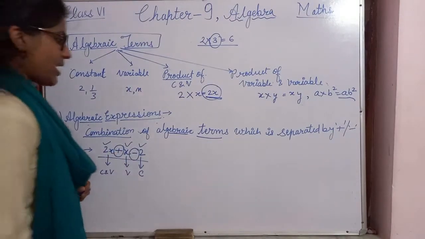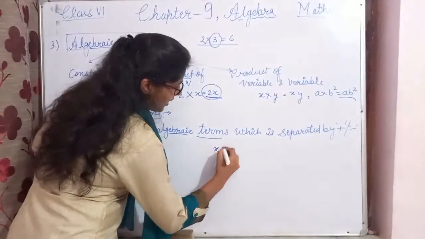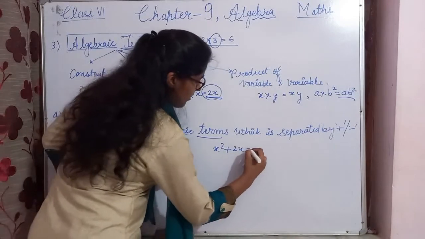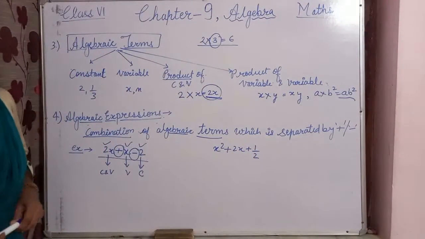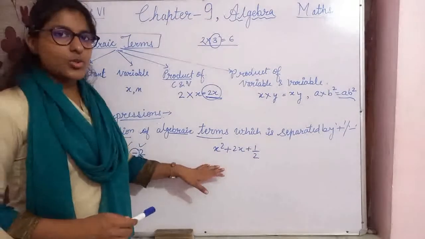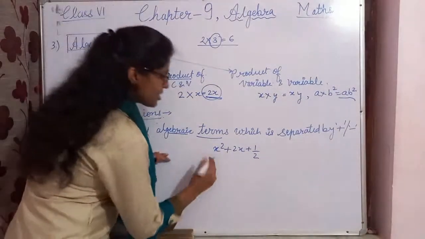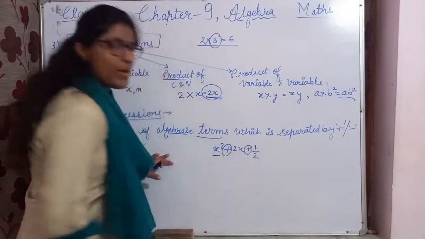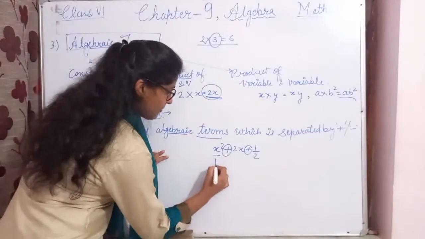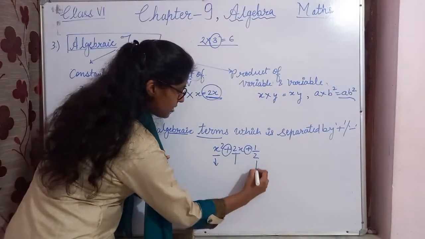Now let's see one more example. We are writing here x square plus 2x plus 1 upon 2. In this situation, each term is separated by plus or minus sign. So this is the first term, this is the second term, and this is the third term.